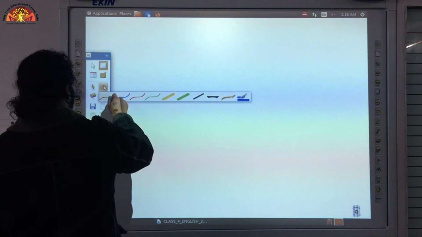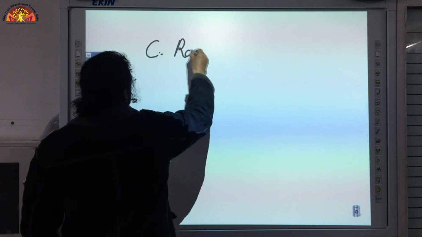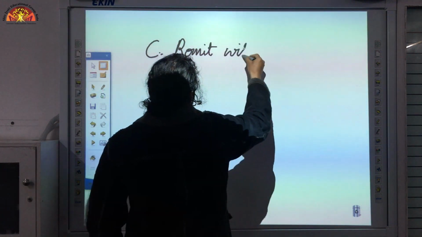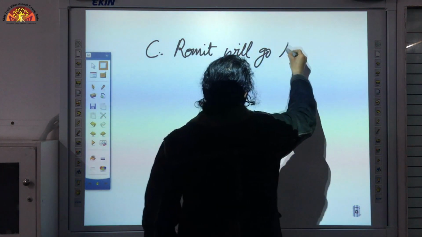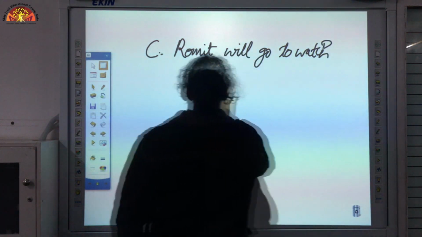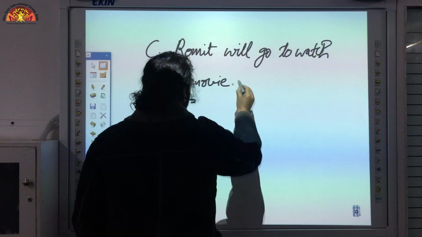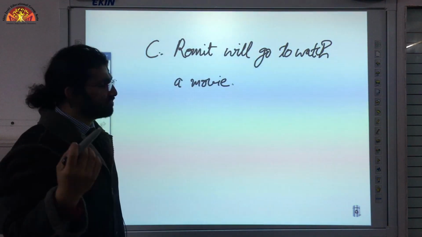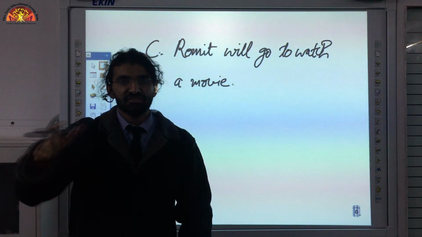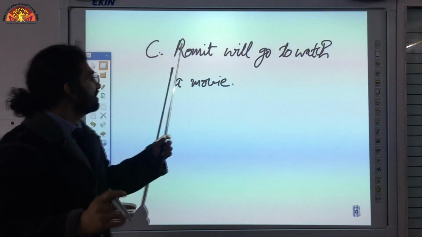Exercise C. First one. Romit will go to watch a movie. If we say Romit went to watch a movie, it would be like he already did it, finished task, gone event, past event. But if we say it like this, it means it hasn't happened yet.